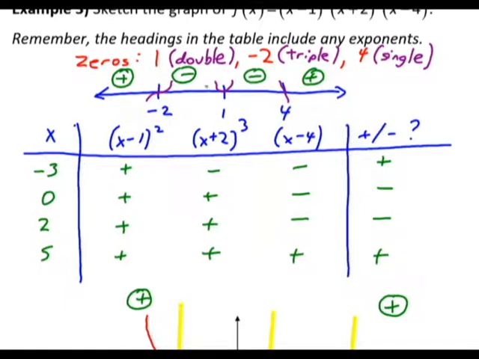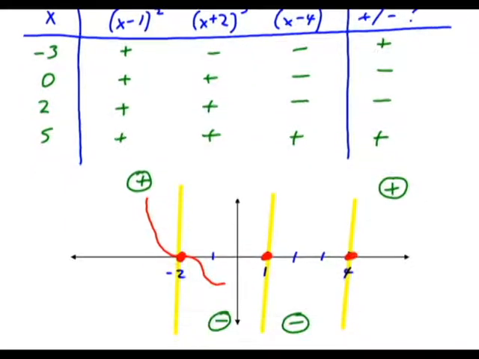At our 0 of 1, we're going to bounce like a parabola. So we come in, bounce, make sure this is curved like a parabola and not angled. And then our final 0, 4, is a linear factor, and so with no exponent, we pass through like a linear function.